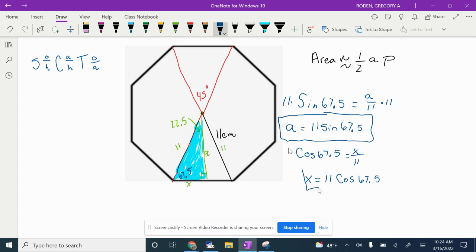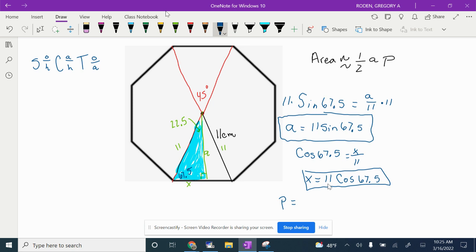Excellent. So now we have this x. We have a. Now, I probably shouldn't have boxed in x, because really I don't want x. I want 2x, but then how many x's am I going to need to get the p? So p is equal to 16 times 11, right?